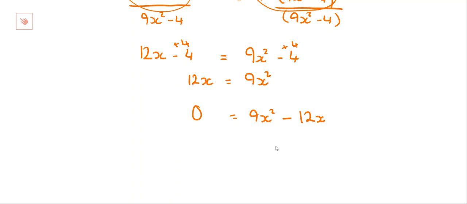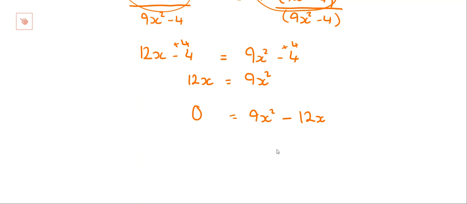Now, how do we solve a quadratic equaling 0? We could start by trying to factorize. Yeah. Can it factorize? Yes. Definitely, there's x. This is a nice easy one because there's no third term that stops you factorizing nice and easy.